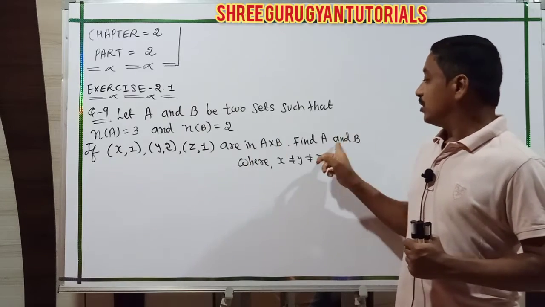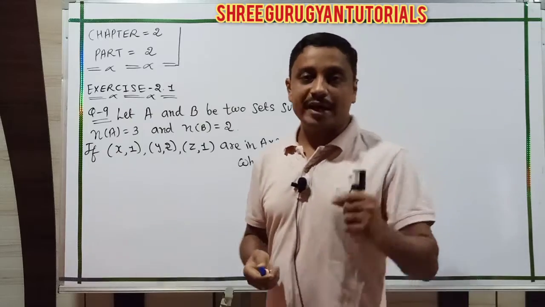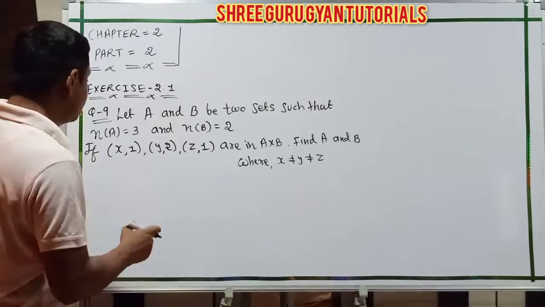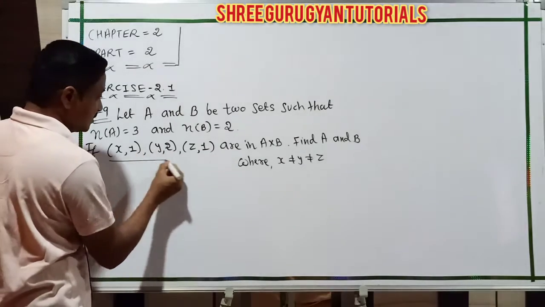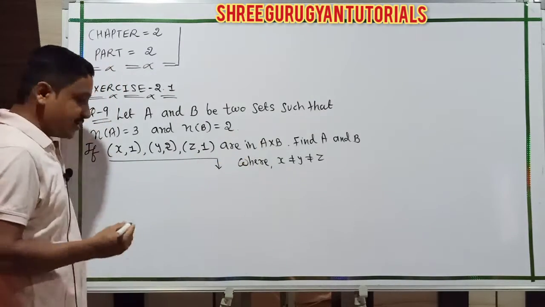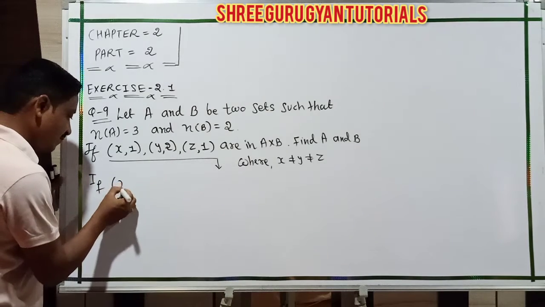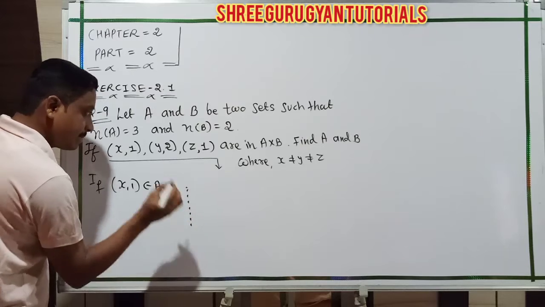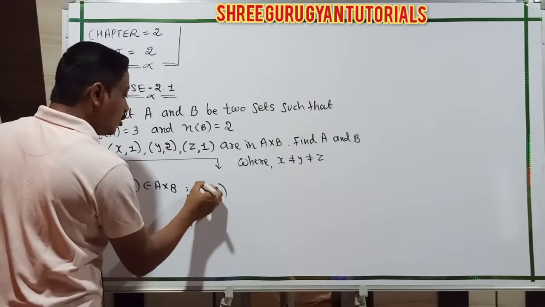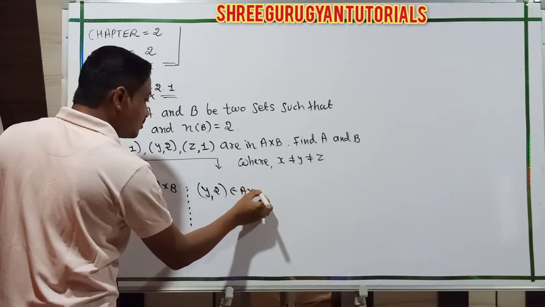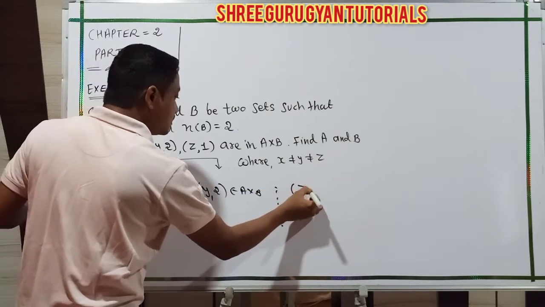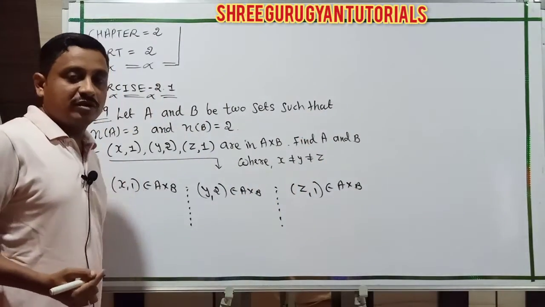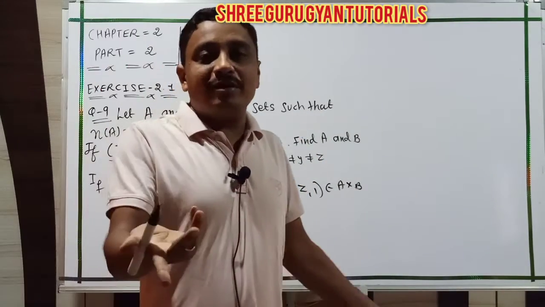Find set A and set B where x, y and z are not equal. So it's very easy. These are the elements of A cross B. I write that (x, 1) belongs to A cross B, same as (y, 2) belongs to A cross B, and same as (z, 1) belongs to A cross B. Students, belongs means it is a member.